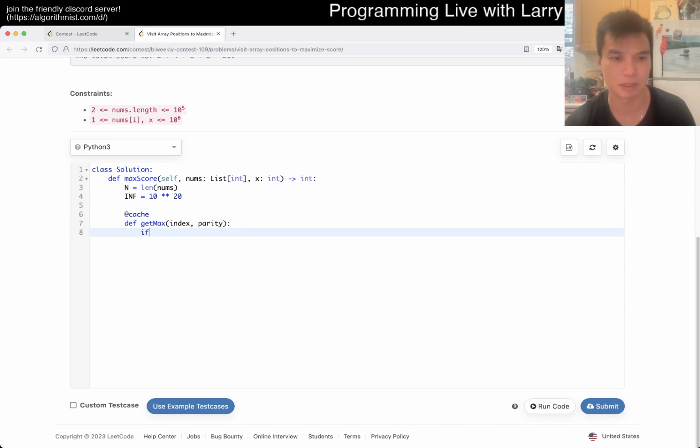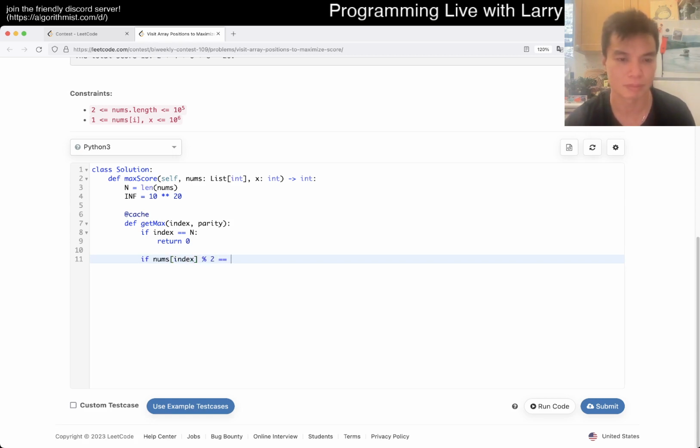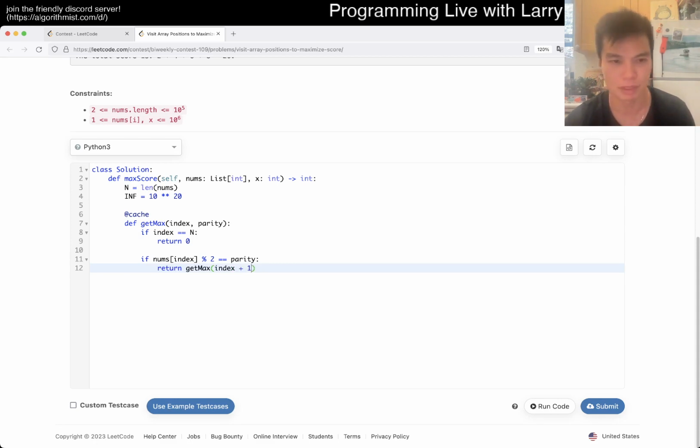Right, so then if index is equal to n, we return 0. Otherwise, what we do, so when odd, right? If this is the same parity, then we can tick it, right?